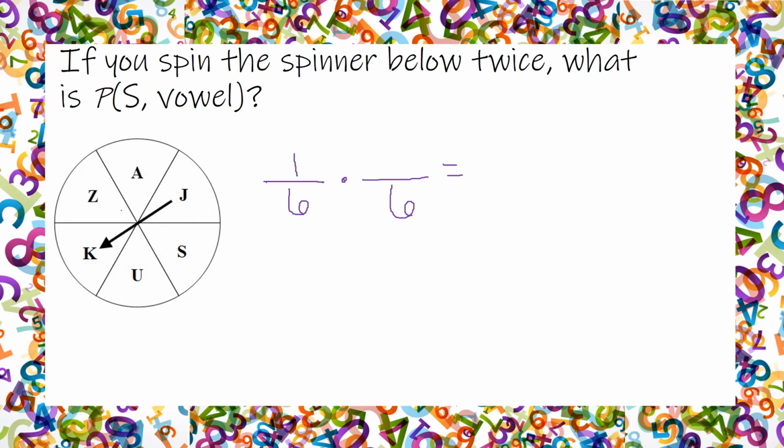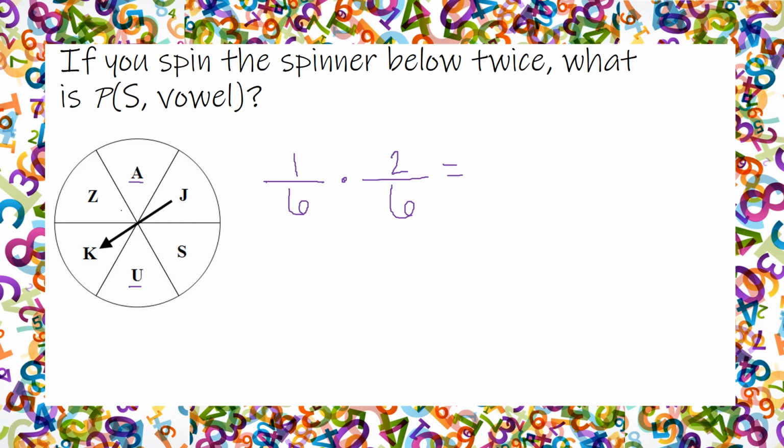So I've got 1 out of 6 chance of getting an S. And then I look for vowels and I see A and U. So there's a 2 out of 6 chance of getting a vowel. So now I'm just going to multiply these because those are 2 independent events. And I want to find the probability of both of those happening.